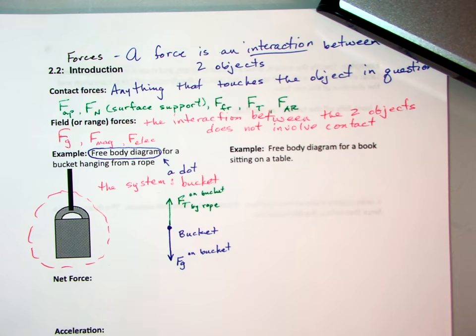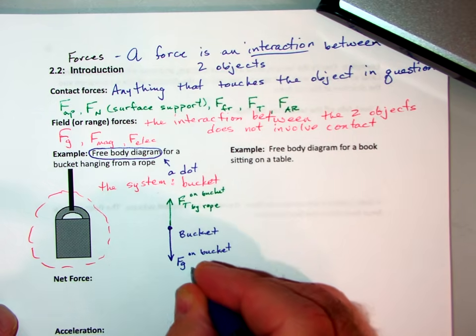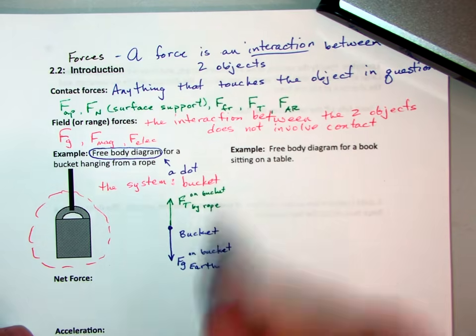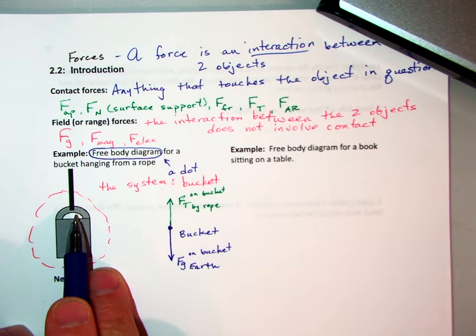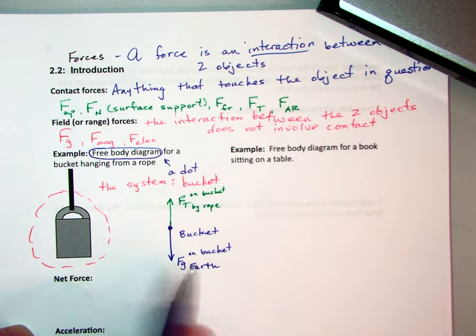Because gravity is not an object. Gravity is the description of the force. The object itself that is causing that is Earth.